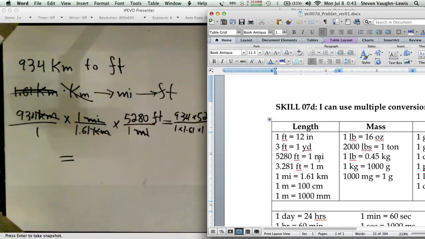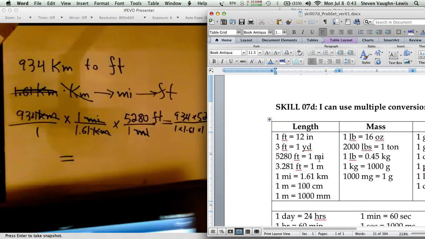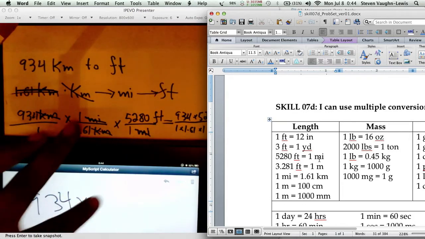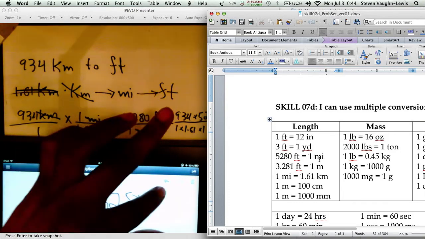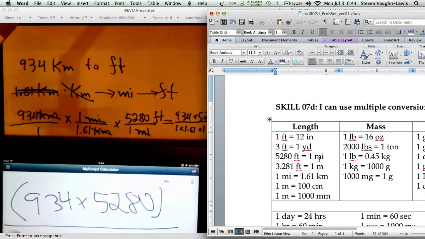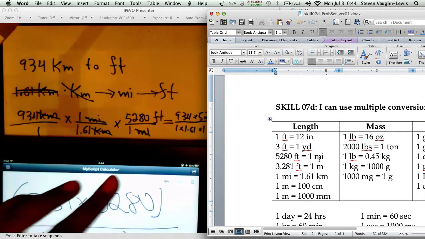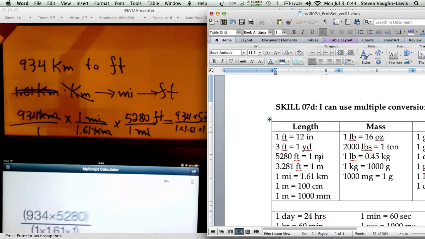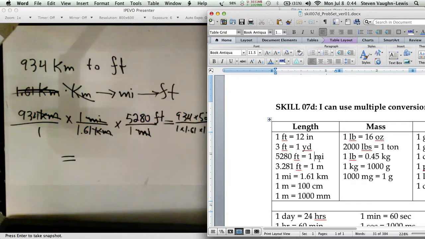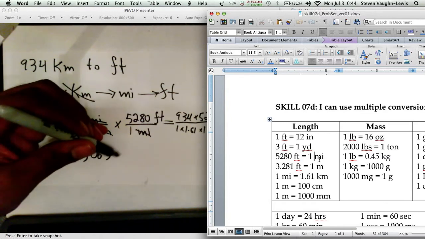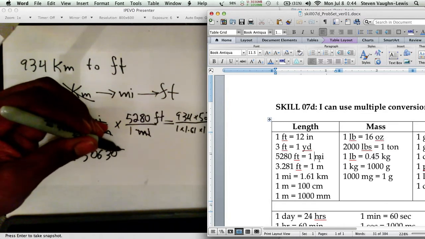And putting that in the calculator, I get 934 times 5,280 in parentheses, divided by 1 times 1.61 times 1 in parentheses. Remember your order of operations. And my final answer is going to be 3,063,055.